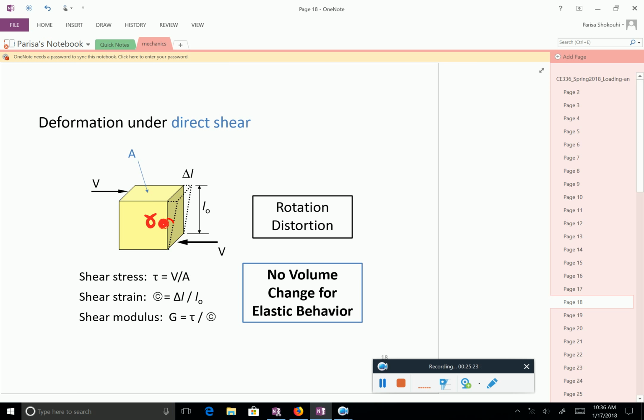So gamma is expressed in terms of the shearing displacement in the direction of the force over this length, L0. So you want to see how much rotation in a way you have. So you divide delta L over L0. You may think about this as, so this is gamma.